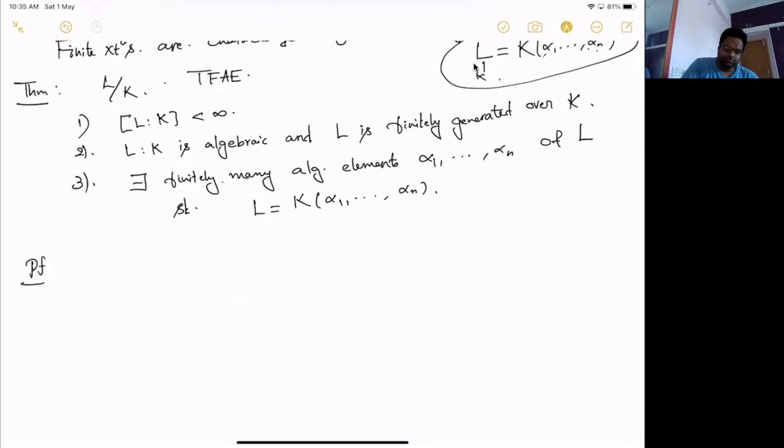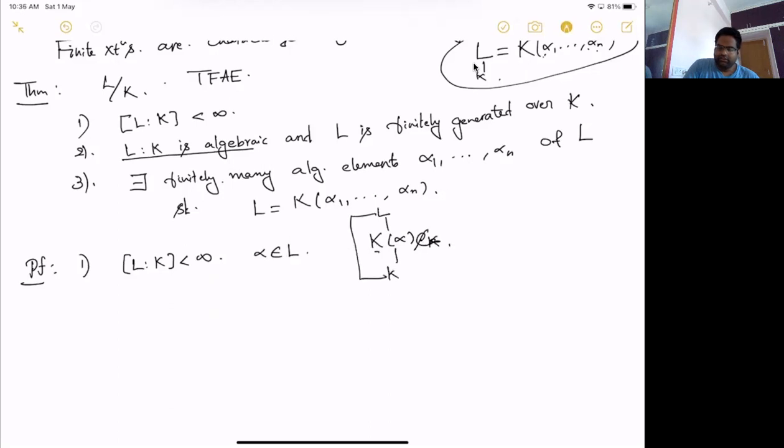Suppose the first condition, L over K is finite, and suppose alpha belongs to L. We want to show that L over K is algebraic. Consider the extension K of alpha over K, sitting inside L. Since L over K is finite, K of alpha over K is also finite by the Tower law.